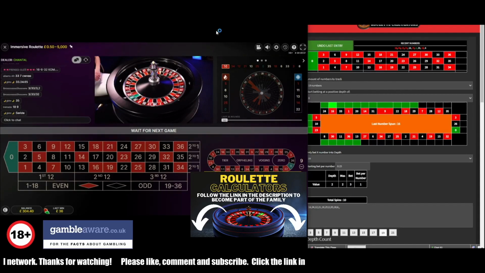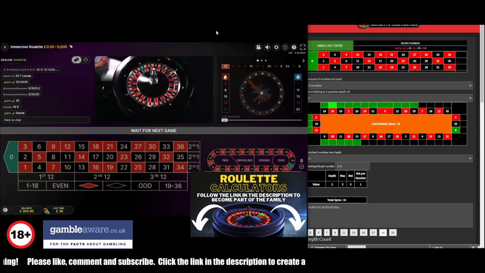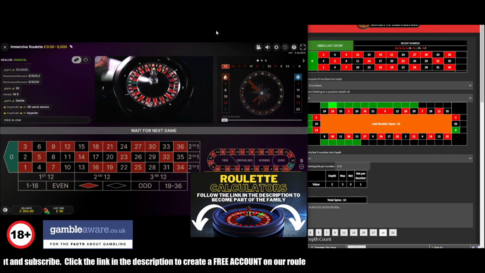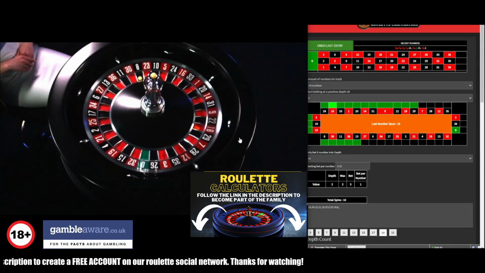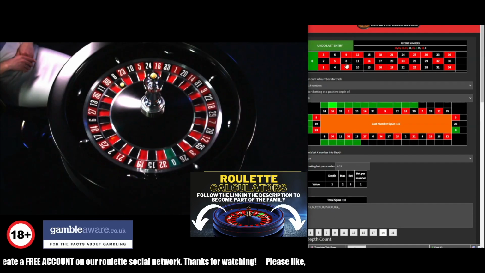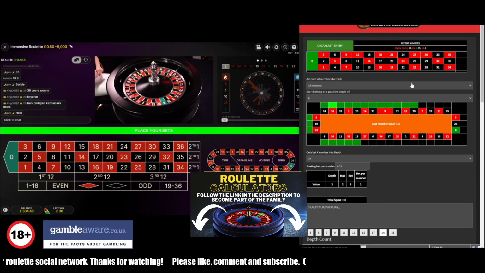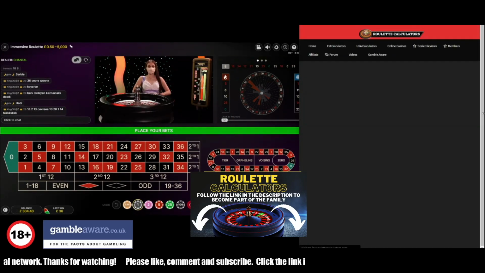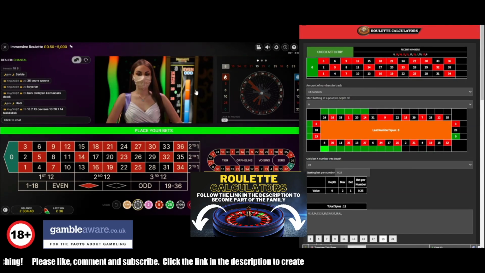There's about 2 minutes left of the video clip. That's gone to number 8, so that has cleared that one out. That's hit the highlighted zone. Yeah, so depth of 2 twice in a row.